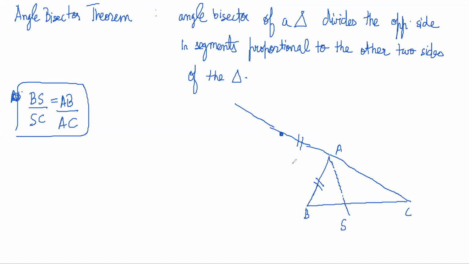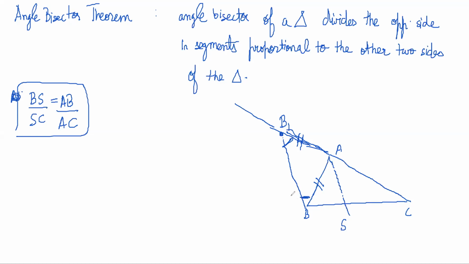So join that point, say B1. How much have you extended so that AB length is marked out here? That much you have extended. So the two angles become equal. So this becomes equal to this.